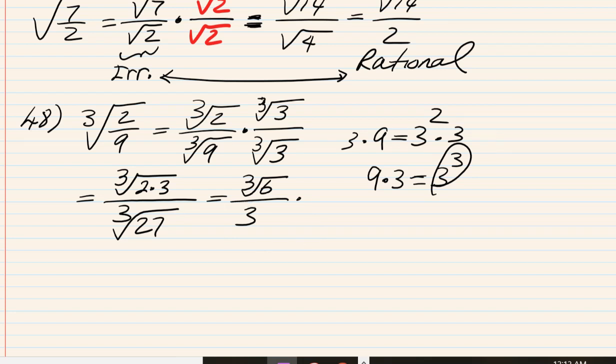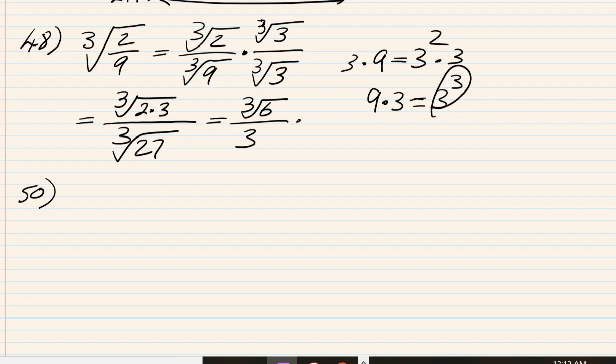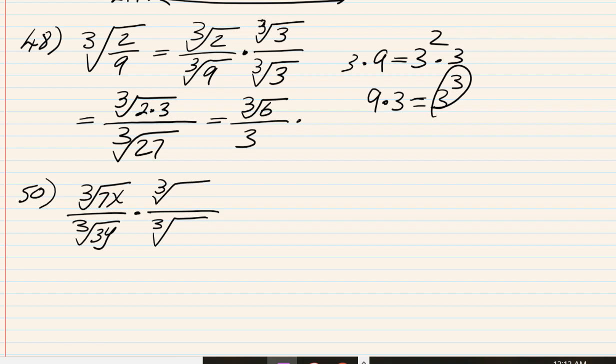Okay. Let's take a look at number 50. In number 50, we have cube root of 7x divided by cube root of 3y. Now for this one again, I want to multiply by perfect cubes, right? Remember, for a perfect cube, I need to have 3 of that factor.